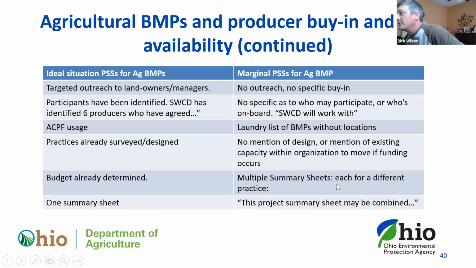And you see multiple summary sheets for individual practices: one summary sheet might be just for cover crops, one might be just for drainage water management, one might be just for grass waterways. And then they say at the end, well, we could combine all these summary sheets. We've let that go in the past, and we understand what's behind that. Quite frankly, we're looking to fund good ag installations.